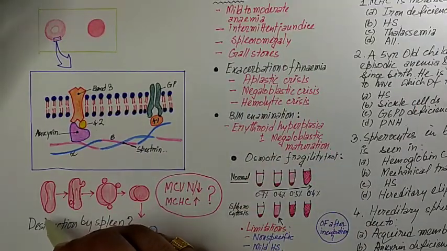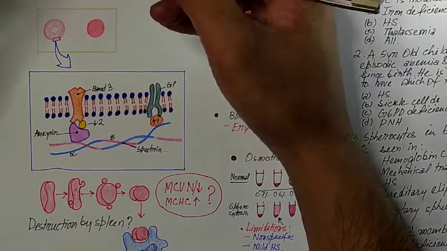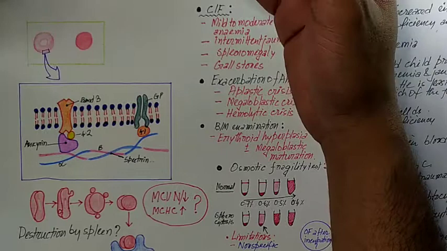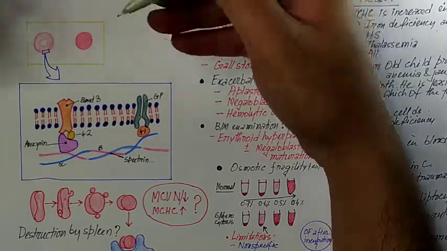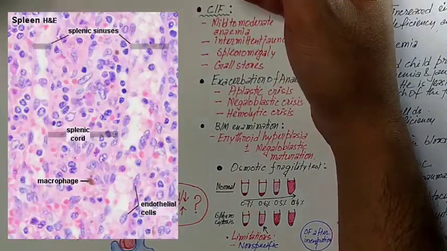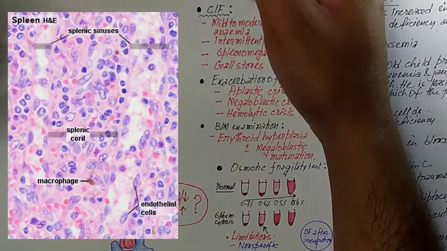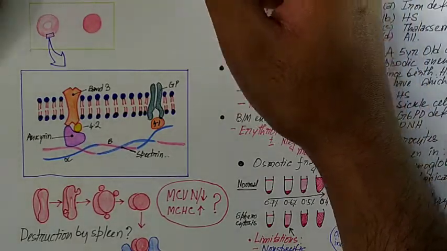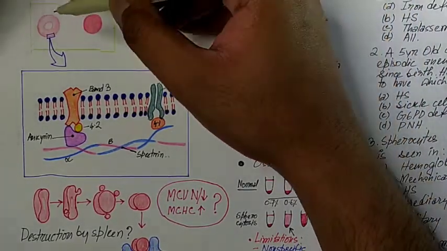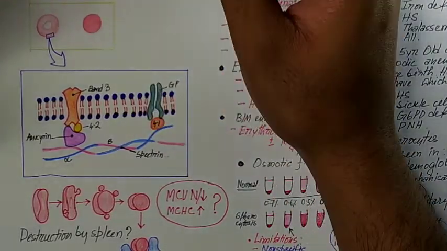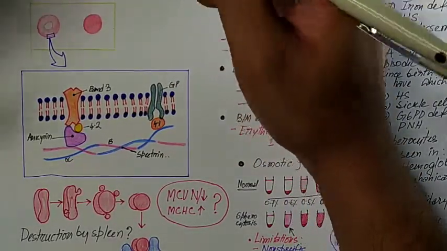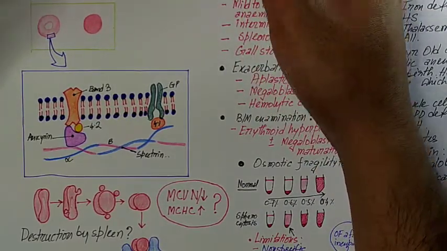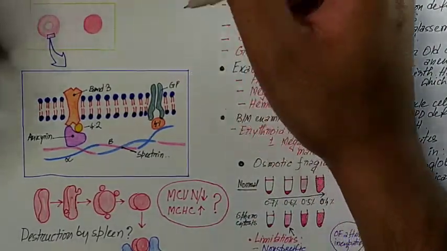As we know, the normal diameter of an RBC is about 7 to 8 micrometers. But in some places, especially in the spleen, there are splenic cords, and these cords have a very small diameter, about 2 to 3 micrometers, and normal RBCs have to pass through those smaller cords. That is why they are much more elastic and deformable, so they can easily pass through those splenic cords.